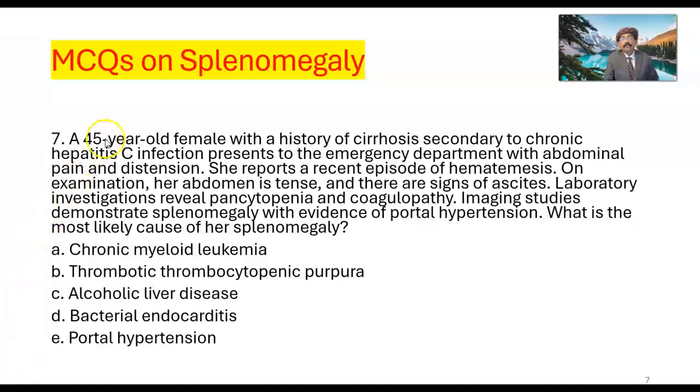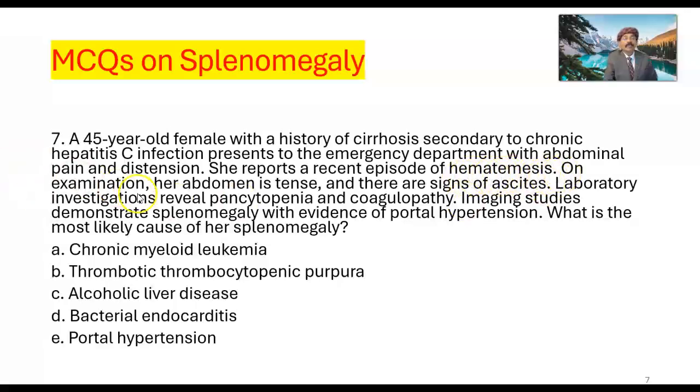Question number 7. A 45-year-old female with a history of cirrhosis of liver secondary to chronic hepatitis C infection presents to the emergency department with abdominal pain and distension. She reports a recent episode of hematemesis, that is vomiting of blood.